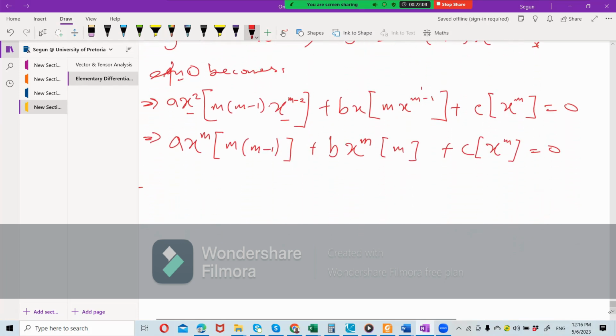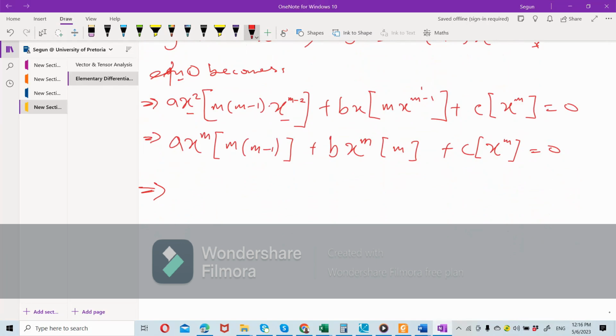So at the end of the day, I can mark this one together. Something is common to them. x raised to power m is common. Then I have a m into m minus 1 plus bm plus c, everything equals to 0.